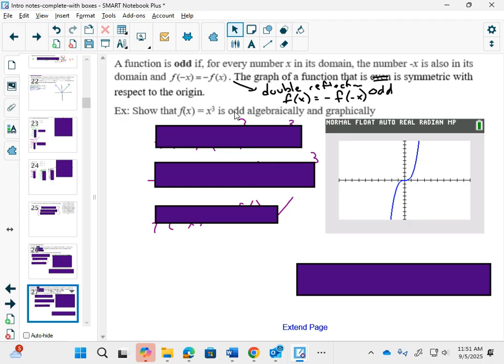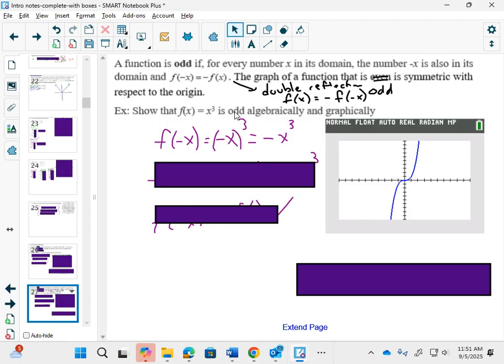Usually if we're trying to prove even or odd, we start with trying to prove even. So we'd start with the negative x inside. I put the negative x inside, I cube it, and I get negative x cubed. Did I get x cubed? No. It's not even, because if it matched up perfectly with the original one, that's the definition of even.